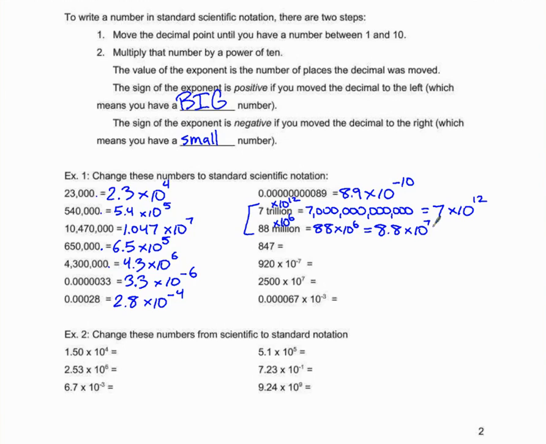So we have 8.8 times 10 to the 7th power. 847. My number between 1 and 10 is 8.47 times 10, and we're moving the decimal point left 2. So we have an exponent of positive 2.